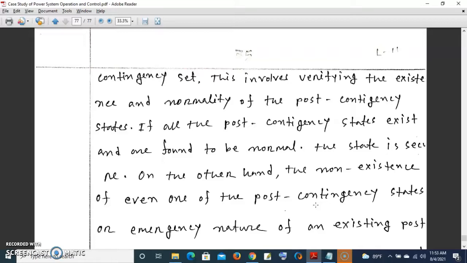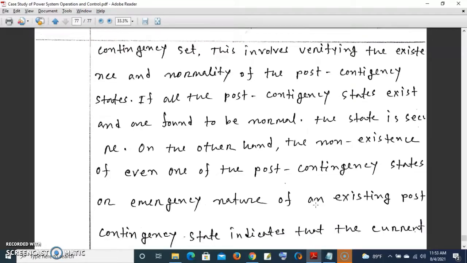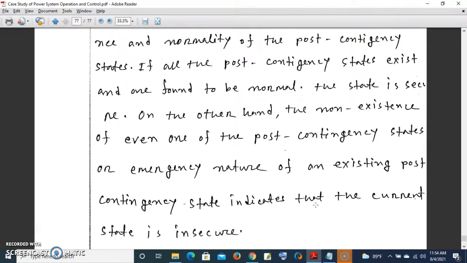If all the post contingency states exist and are found to be normal, the state is secure. On the other hand, the non-existence of even one of the post contingency states or the emergency nature of an existing post contingency state indicates that the current state is insecure.